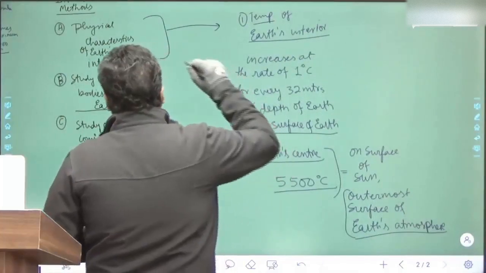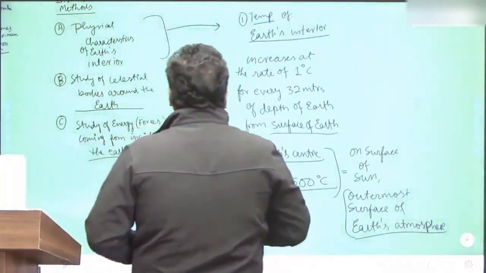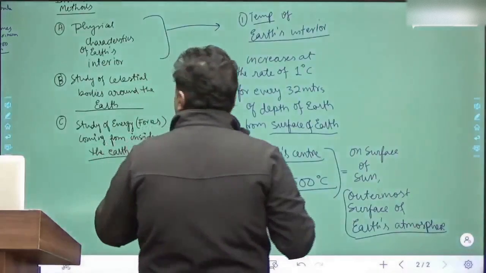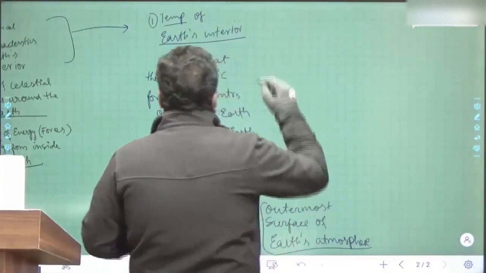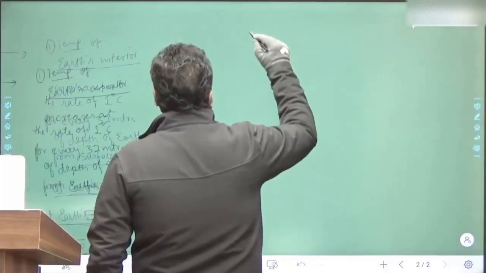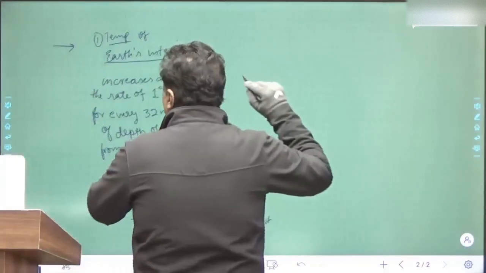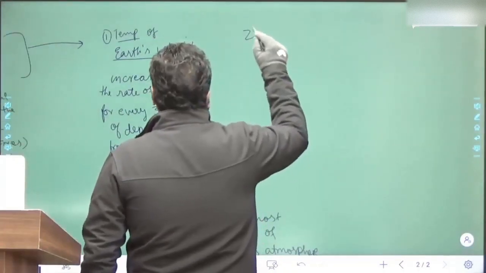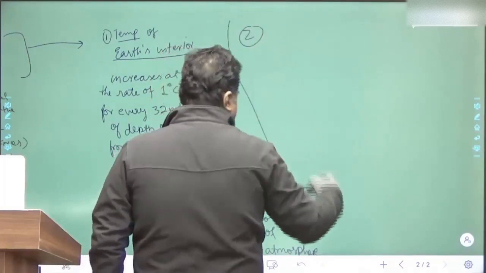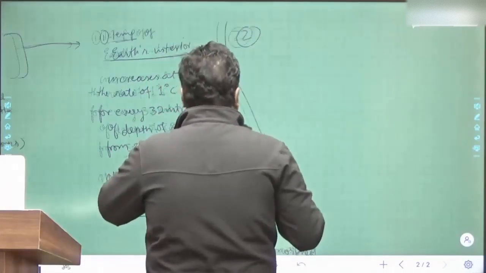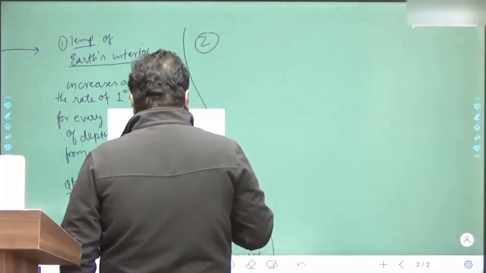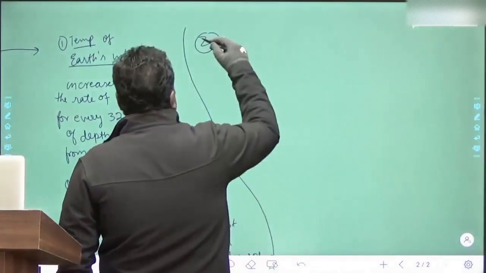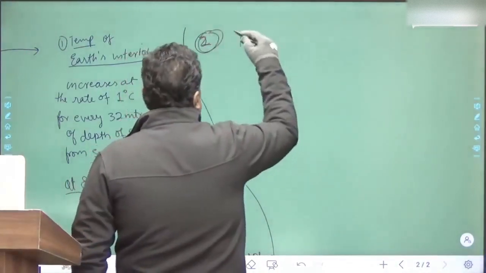Now, the physical characteristics of the earth interior. In this, the second aspect that we have under the physical characteristics of the earth interior is the density of the earth's interior.